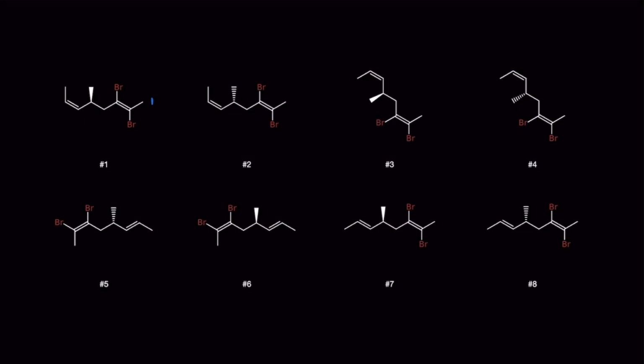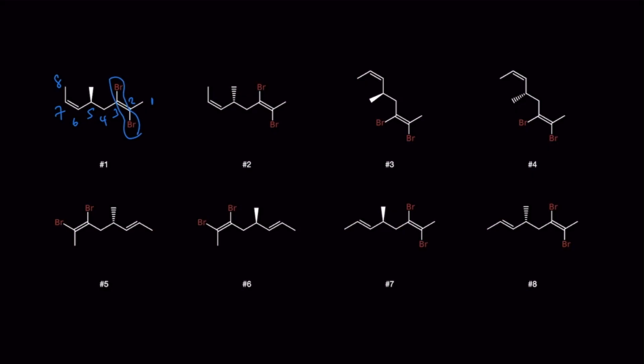So this is 1, 2, 3, 4, 5, 6, 7, 8. The bromines are in 180-degree position. That means normally you call it trans, but as per Cahn-Ingold-Prelog rules, we can go for the E-Z convention. So if we go for the E-Z convention, then this is an E isomer, isn't it?